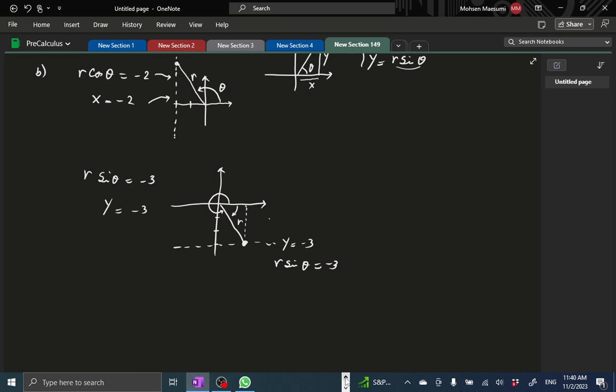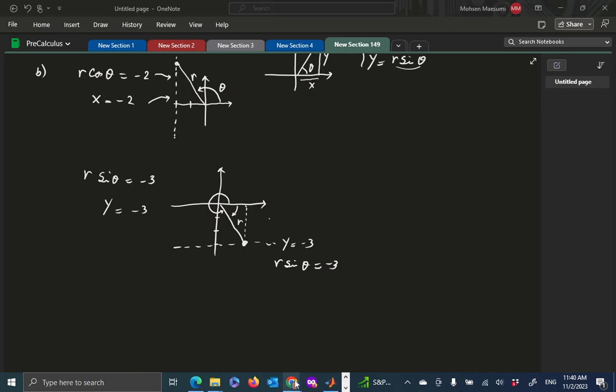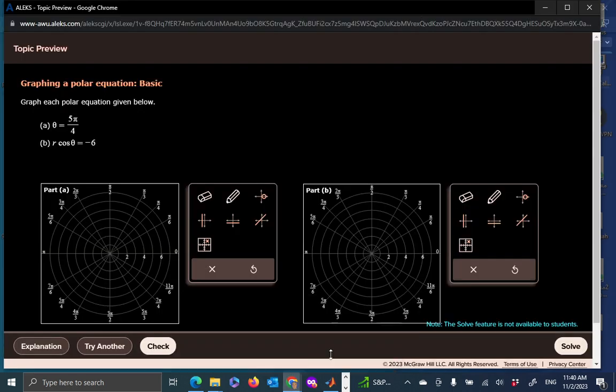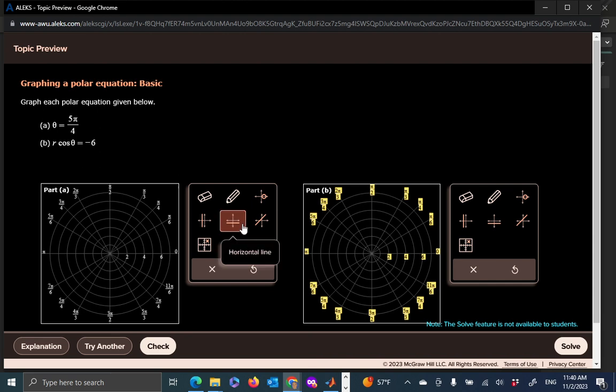So that's the idea, and now we are gonna just practice it. So here I have theta is equal to 5 pi over 4. So I'm drawing one of these lines. Here's my line. 5 pi over 4. So this is 3 pi over 4. This is pi. 5 pi over 4 is down here.